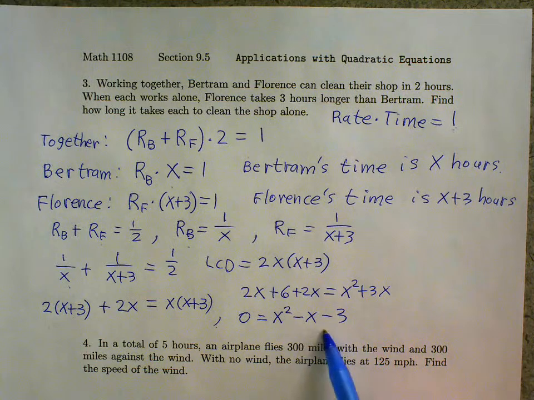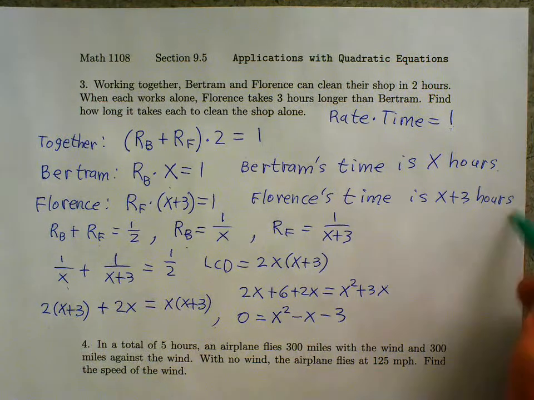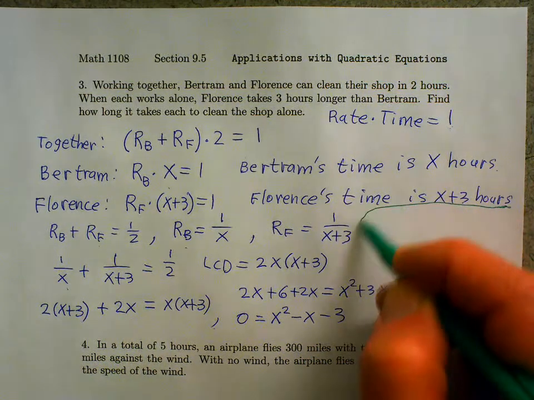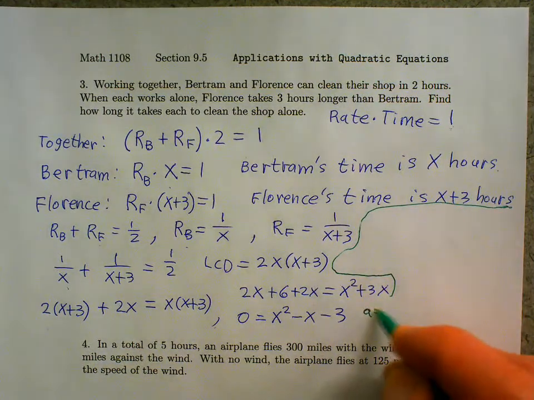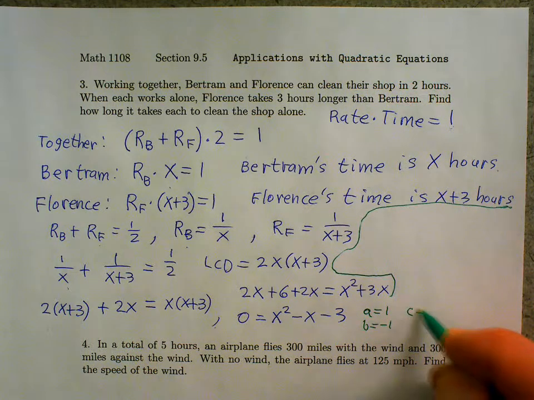If we use the quadratic formula, let's do that in this space. So a is 1, b is -1, c is -3.